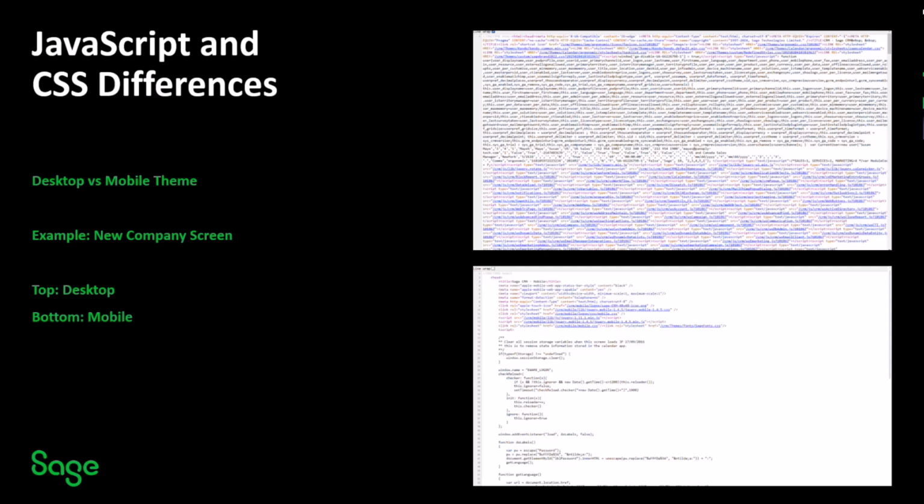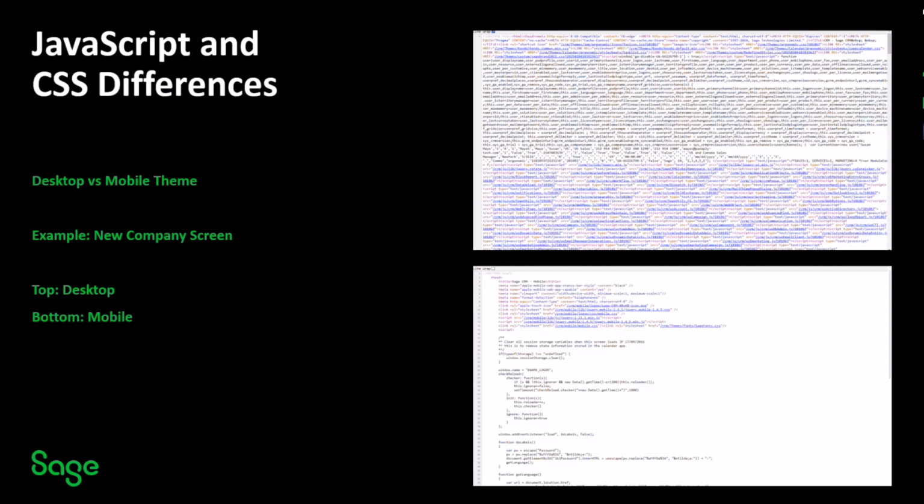There's some difference as to which screen is being loaded, but the mobile theme is going to use mobile specific JavaScript libraries, such as the jQuery Mobile library, and you can see that if you look at viewing the source, whereas the desktop theme relies on other versions of the libraries, and it adds in the client-side API as well.